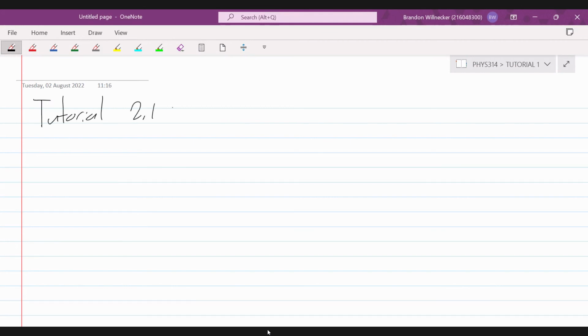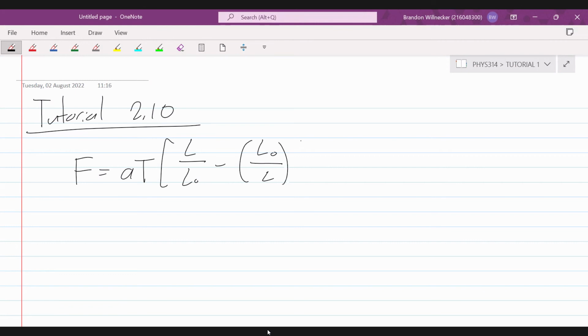Tutorial 2.10. Okay, so we had a rubber band with a certain equation of state. That just describes the states of the rubber band. It was given by F is equal to AT (L over L naught minus L naught over L squared).